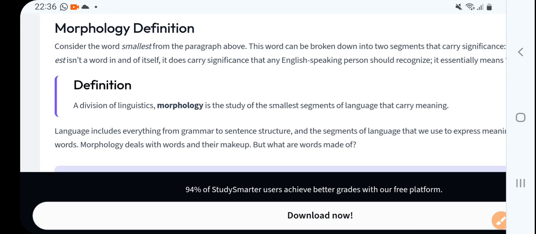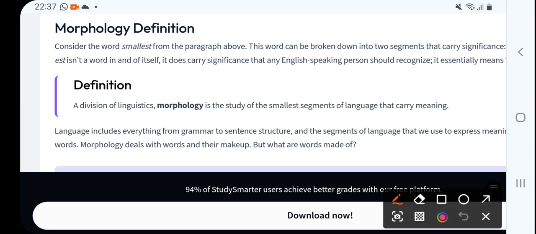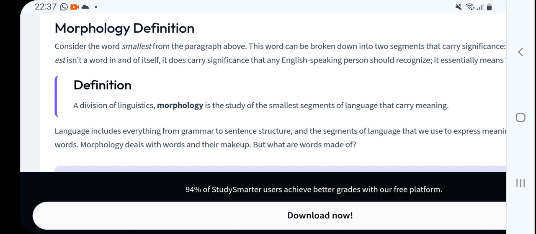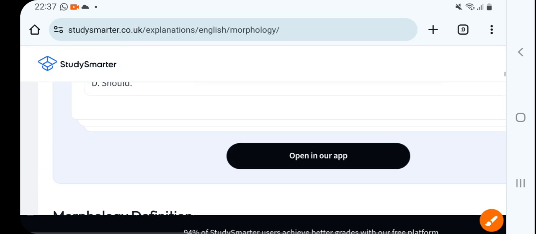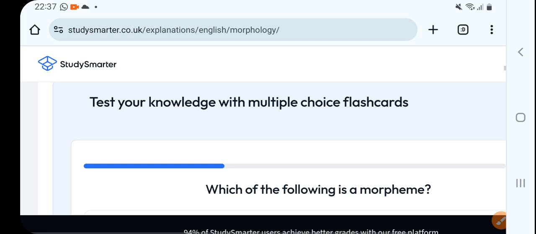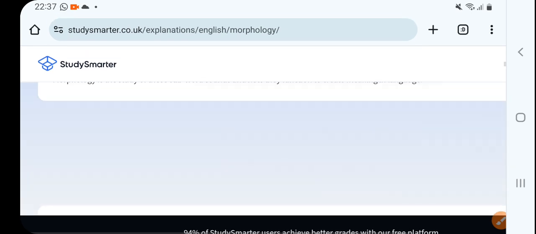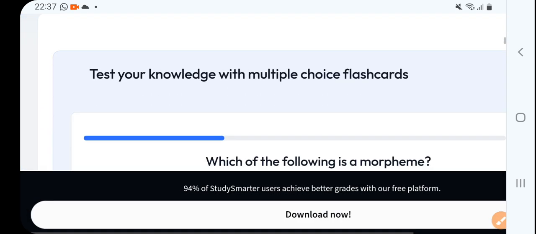Morphology definition. Consider the word 'smallest' from the paragraph above.